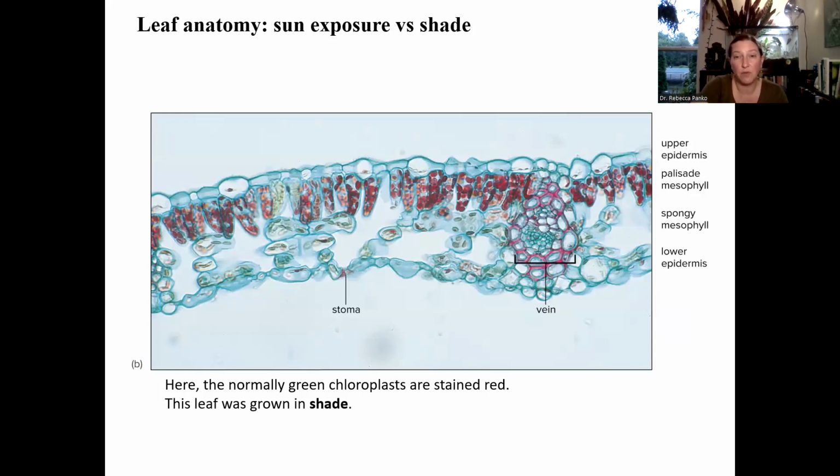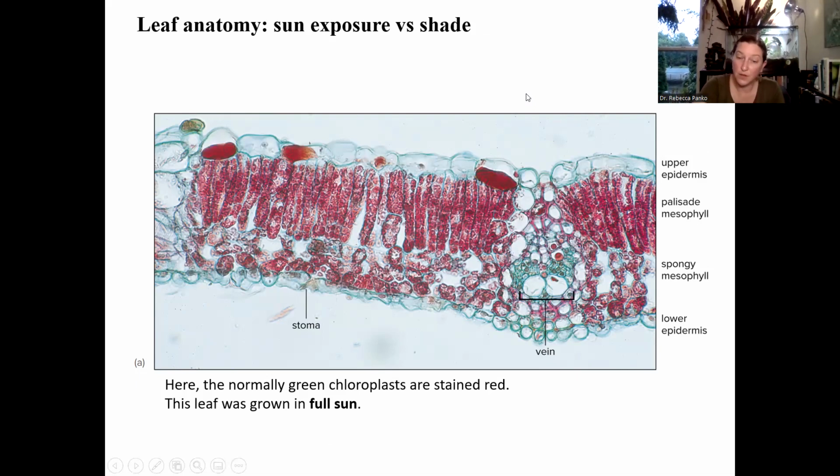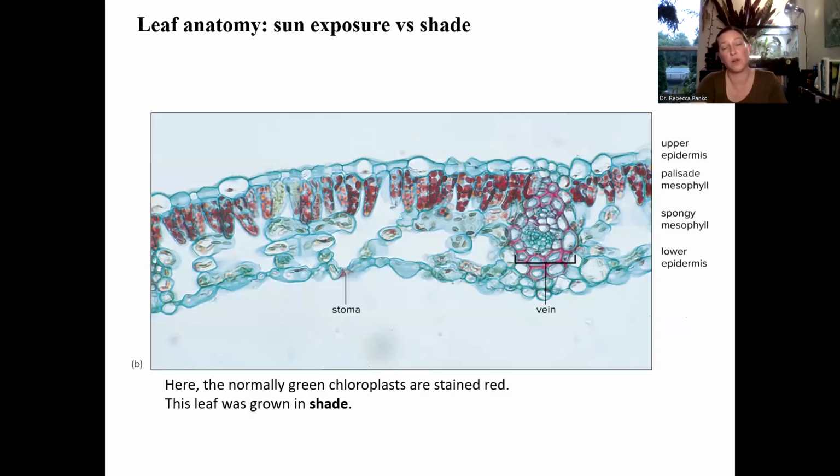So look at how very little mesophyll tissue there is, right? And that's because mesophyll is where the process of photosynthesis is going to occur. So if you're in the shade, you can't get that much sun. And so it's a waste for the leaf to have a bunch of mesophyll tissue because it's not going to be able to do photosynthesis anyways. So that's why this would occur.